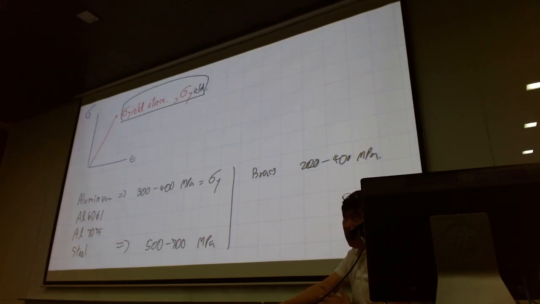So if you see anything beyond 1 gigapascal, you should know for sure that this is not it. You cannot use this dimension. You might have to increase the diameter in order to make sure that the stress is lower than the yield. Something like this.